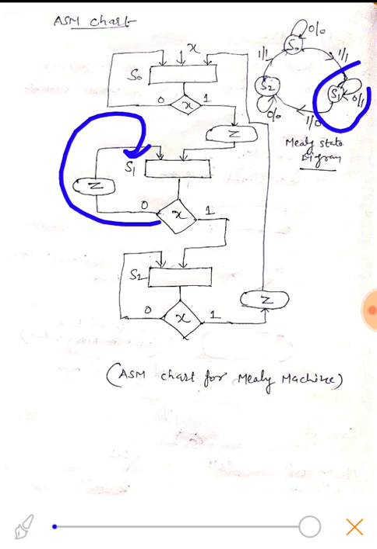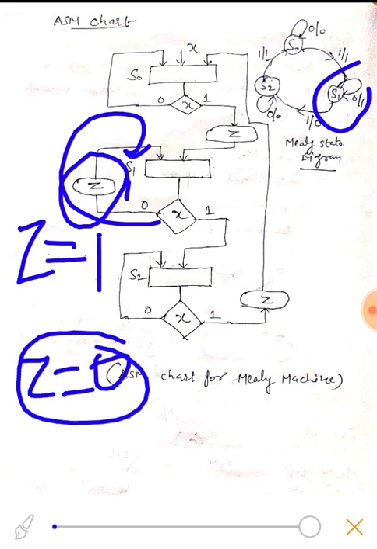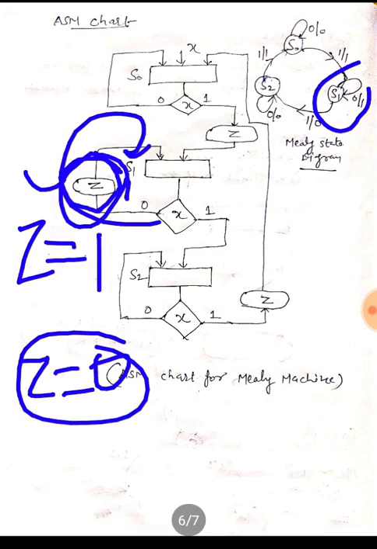I forgot to tell you that this box will be used only when the output Z is high. If output Z is 0, we will not use this conditional output box. That is why I have not denoted Z is equal to 1, because it is self-implied that Z will be 1. Okay, only if it is high will we show this conditional box.